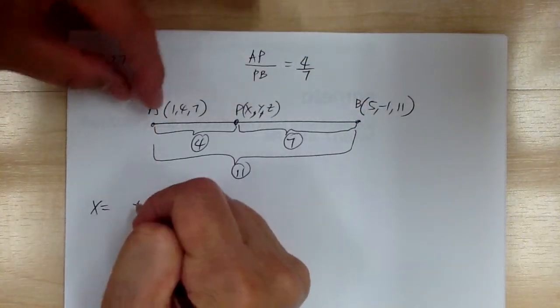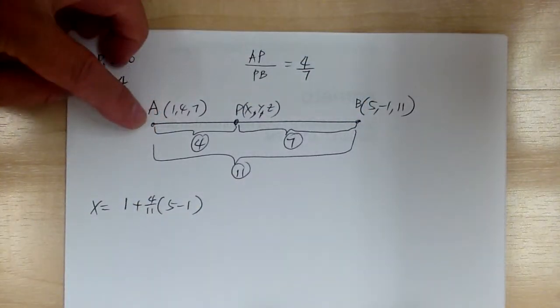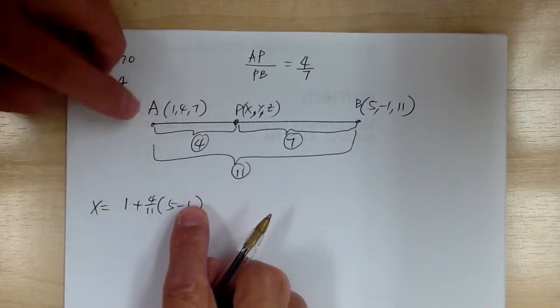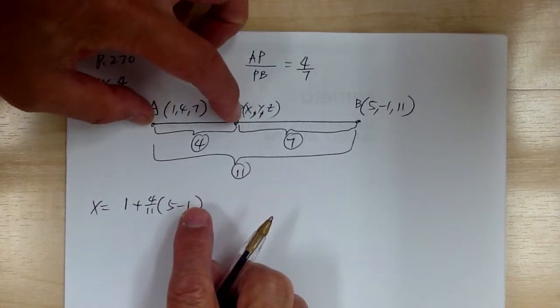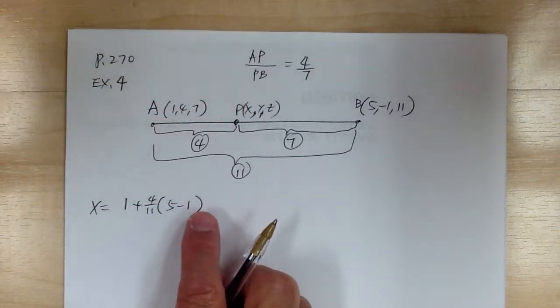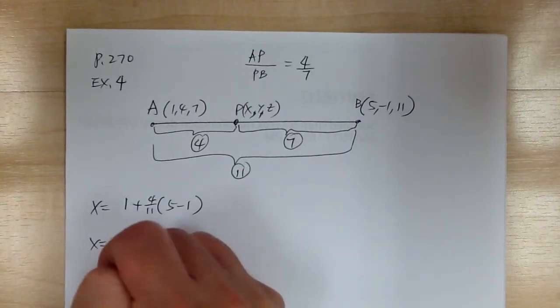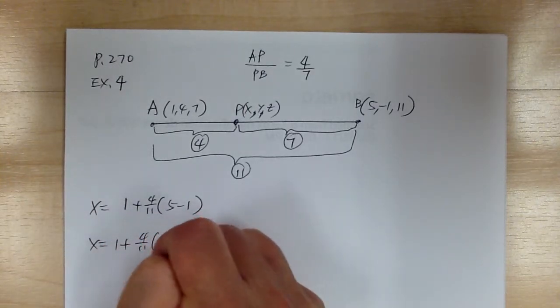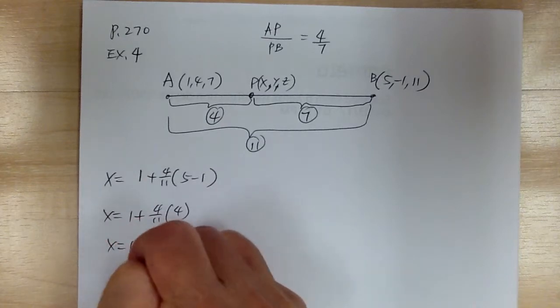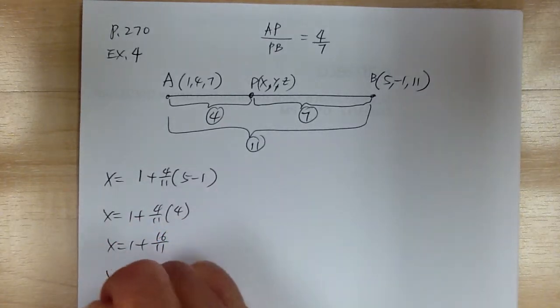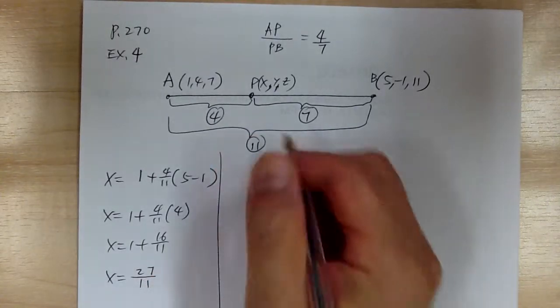Then you have to add your starting point, which is 1. So again, this is just the distance. You start at 1, you add this distance, that's how you get the x. Okay. So x equals 1 plus 4/11 times 4. x equals 1 plus 16/11. x equals 27/11. So you do the same thing with the y.